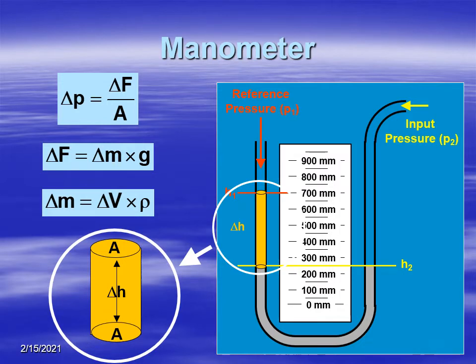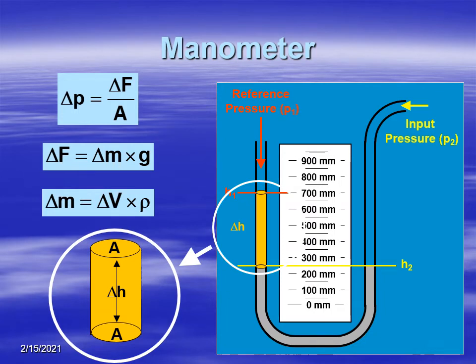It's not a result of a difference in acceleration because this is gravity, which is, for the most part, constant for this manometer. So our equation is now the difference in force is equal to the difference in mass times gravity.